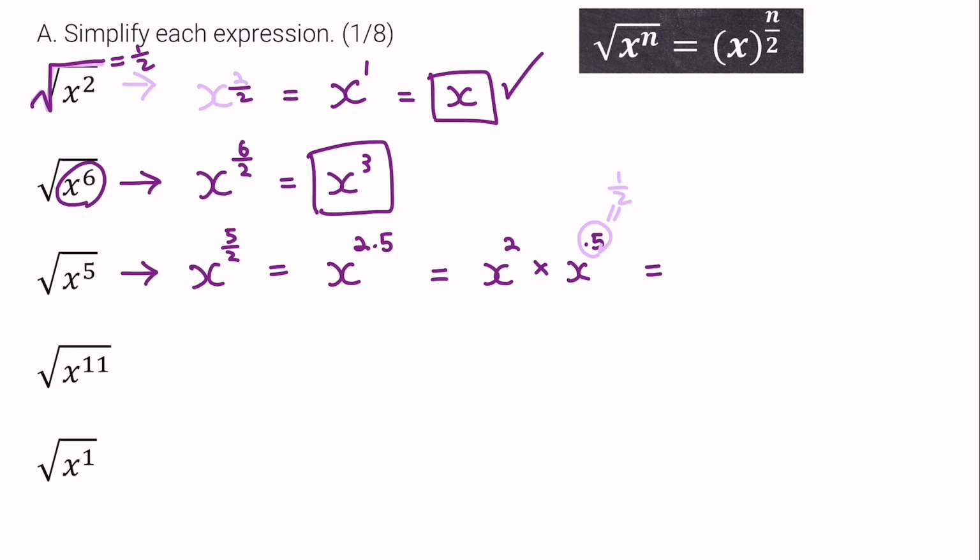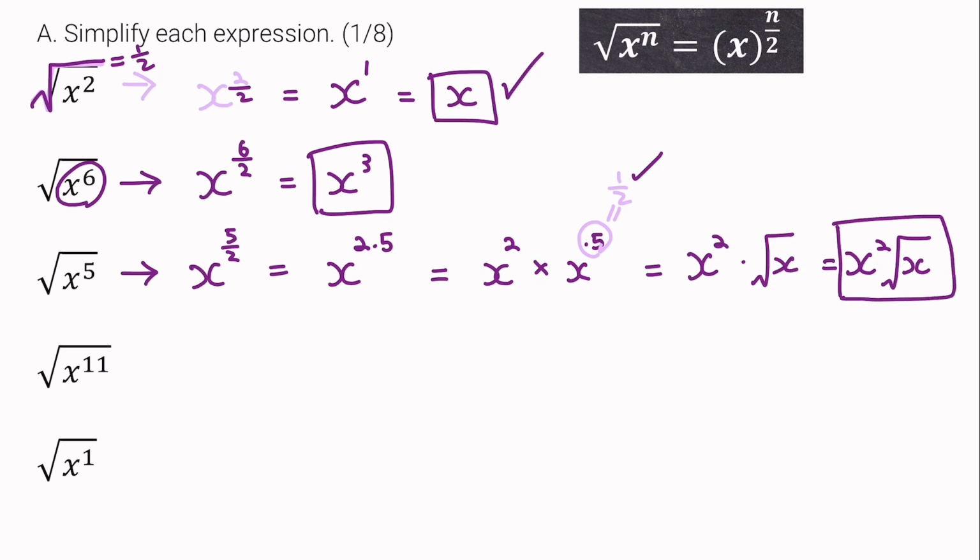So it's x squared times x raised to the power of 1/2, or square root of x. So the final answer will be x squared times the square root of x. Now that one was tricky because our power was an odd number, but in that case, just express that number in terms of a decimal number divided into the integer and the 1/2, and turn the x raised to the power of 1/2 back into the square root of x, and the problem is solved.